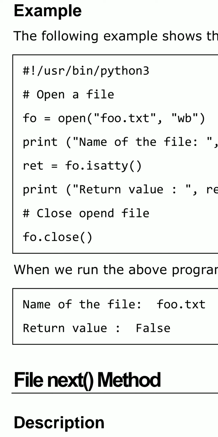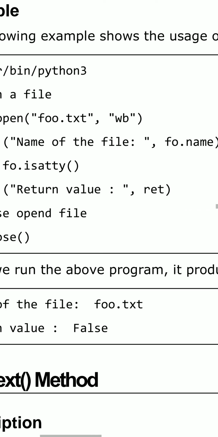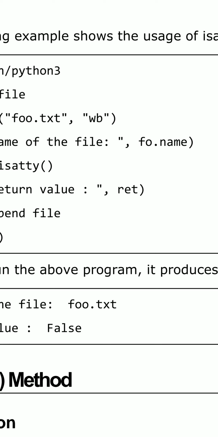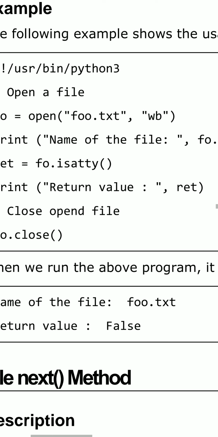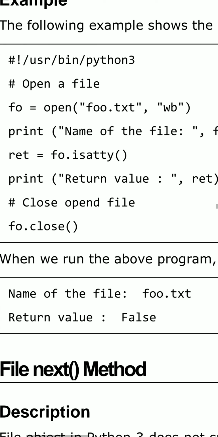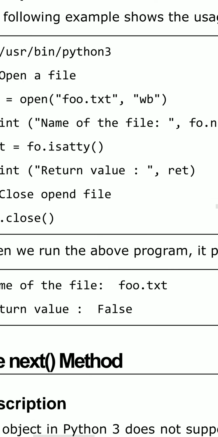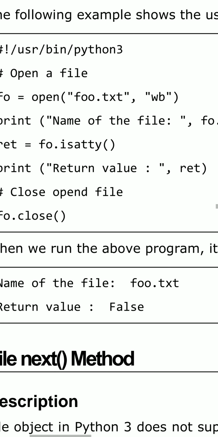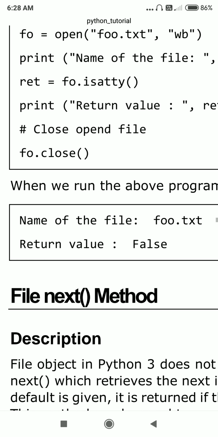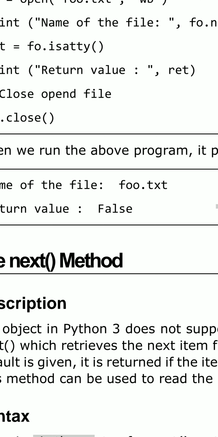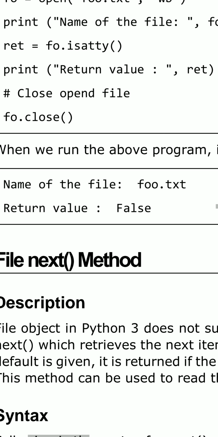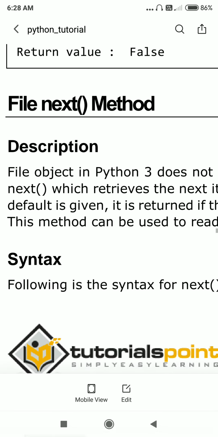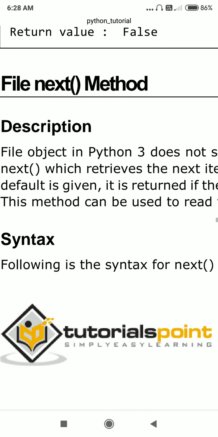Here I have taken a file foo.txt opened in write mode, then printed the file name on the output screen, then taken a variable ret, called the method isatty, printed the return value onto the output screen, then closed the file. First the name of the file is printed on the output screen, and then the return value is false. Why? Because the file is not connected to any device, that is why the return value false is printed onto the output screen.